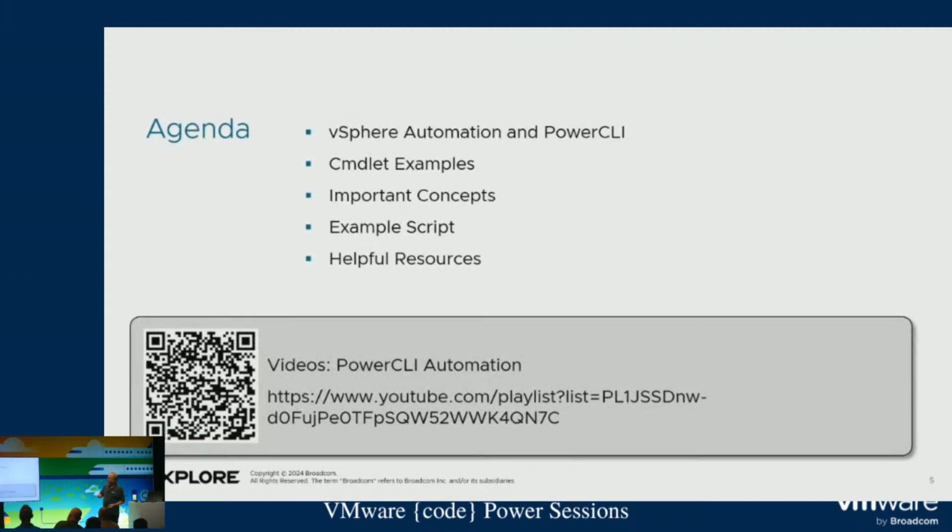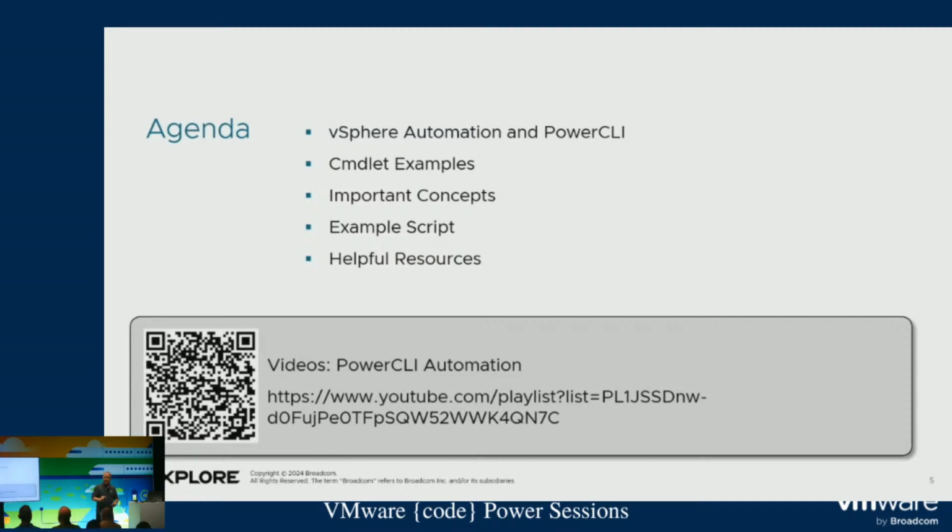Our agenda is pretty quick and to the point. In the first section, we're going to simply talk about automation in the vSphere world in general fairly quickly, and how PowerCLI relates to that. Then in the second section, we're going to talk about what are known as cmdlets. If you're familiar with PowerShell, you're already familiar with cmdlets.